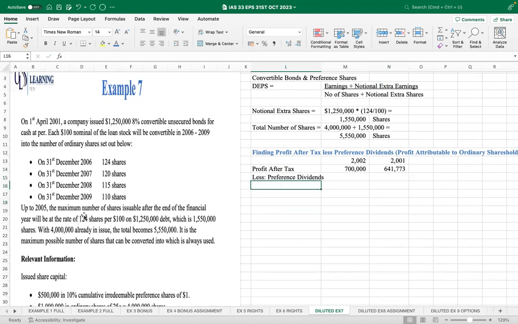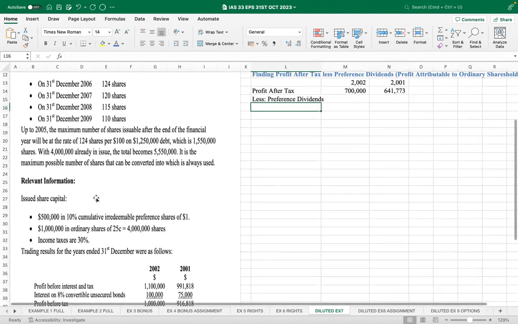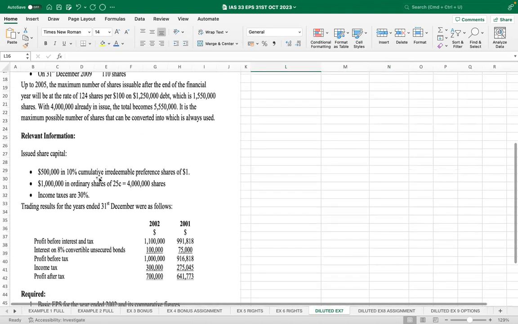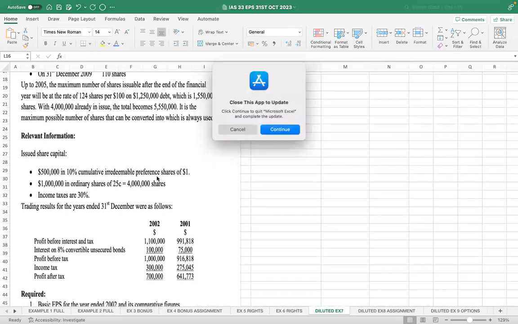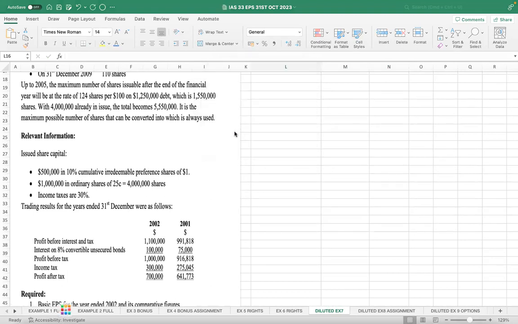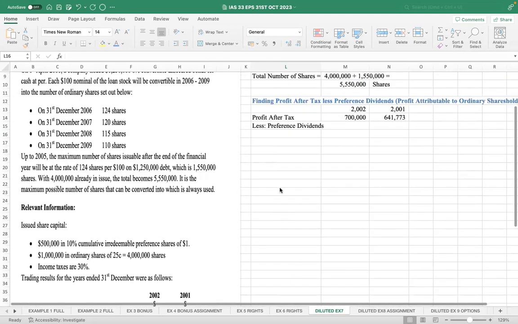We need to know what the preference shares are. You are being told here the 500,000 in 10% cumulative irredeemable preference shares. In this case, the value of the preference shares is 500,000 and the rate of dividends is 10%. So what is the preference dividends?